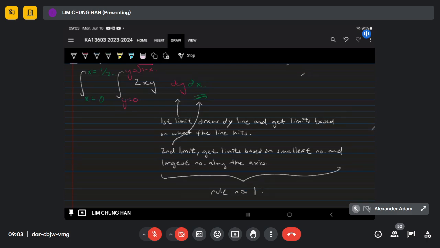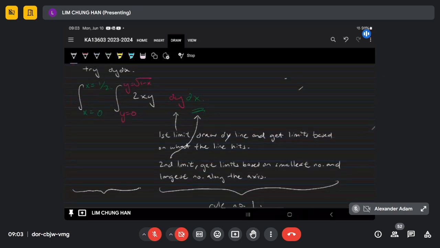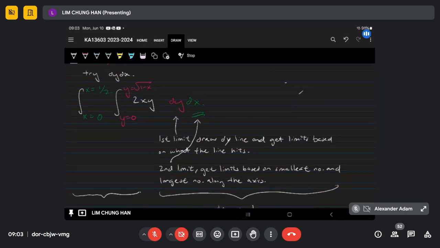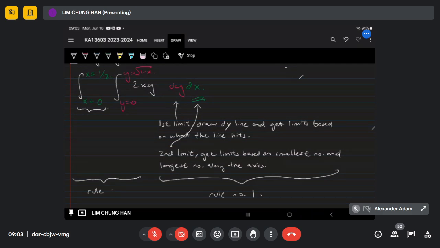There is actually another rule. This rule is more straightforward. You just remember this rule, you'll be okay. It's when you do the limits, pay attention. Let me write rule number 2.